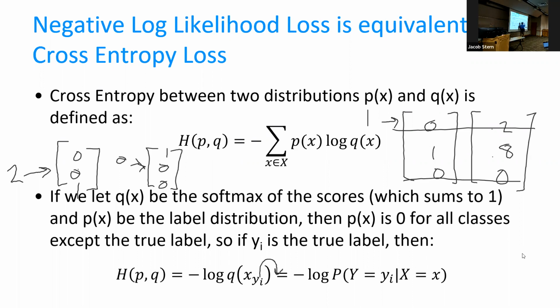So the different rows of the one-hot vector represent the different classes. Yep. And same with the prediction vector, those represent the different classes.